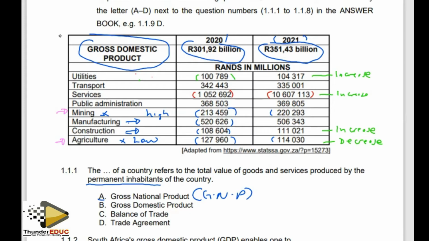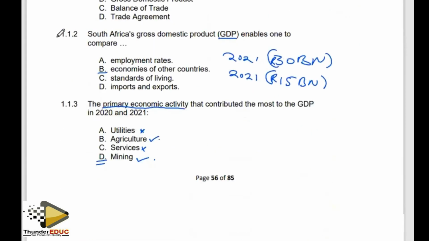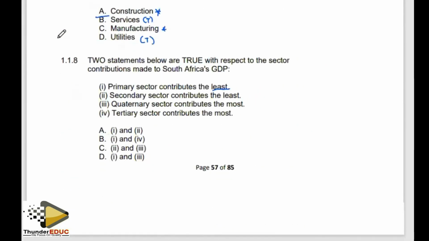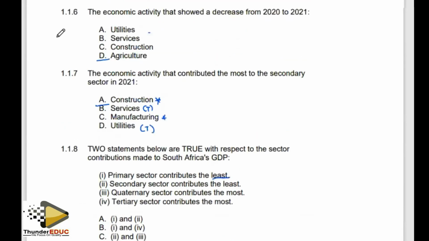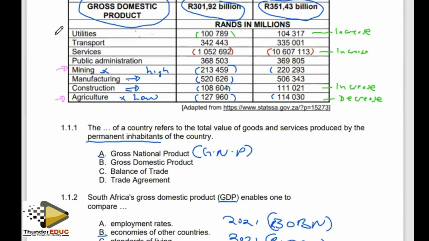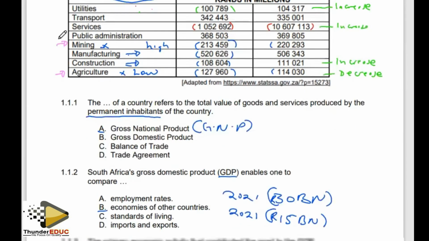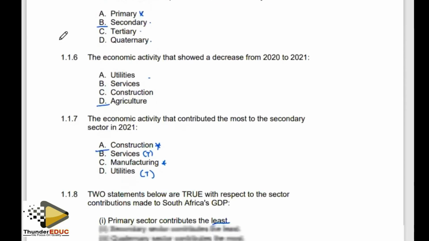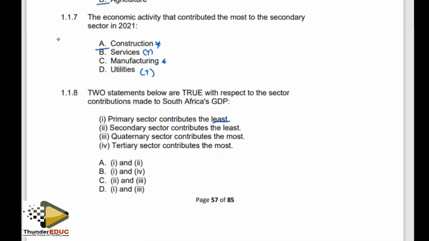If we add mining and agriculture, according to the table, yes, we can see that they did contribute the least, because mining and agriculture together are not even beyond 500,000, which makes the statement true.